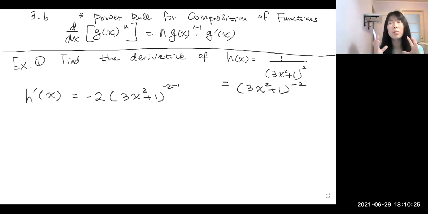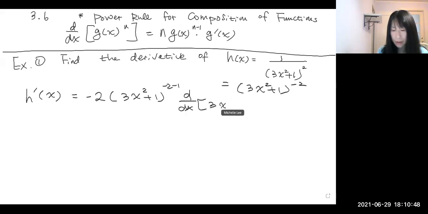Now, where's the x? In the original problem, where is the x? 3x squared plus 1. Yeah, x is inside, right? So we're gonna take the derivative of whatever is inside again. Make sense? That's the chain rule.